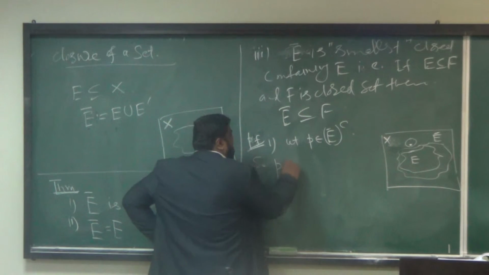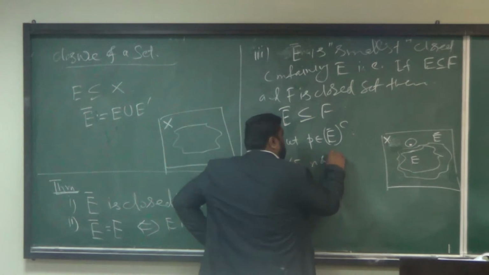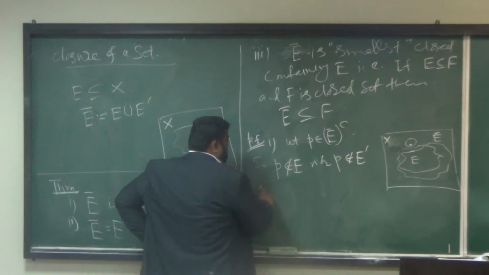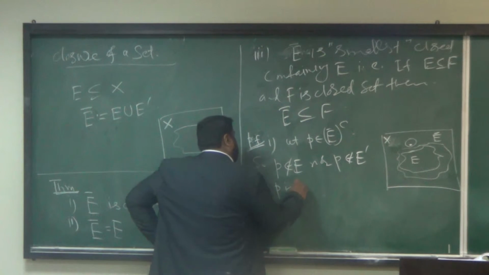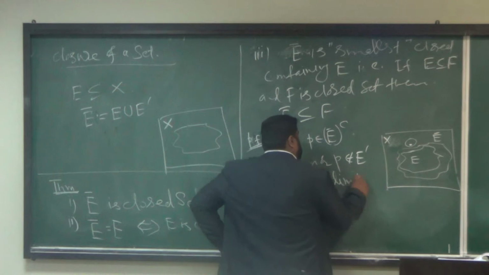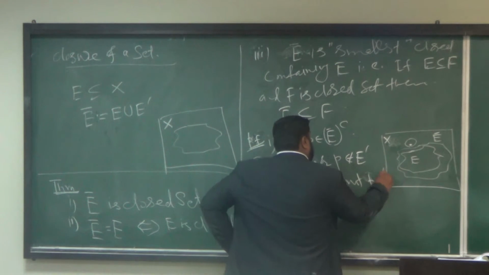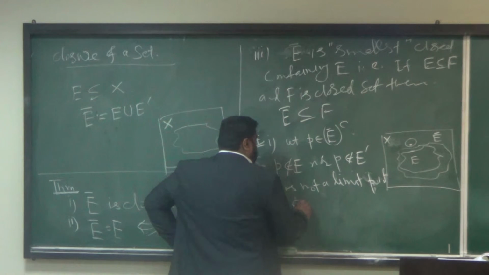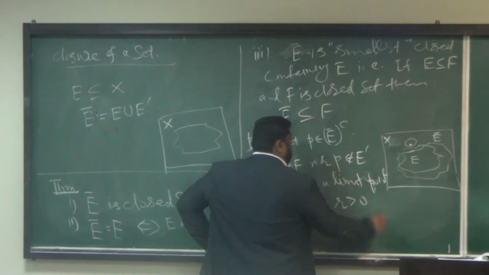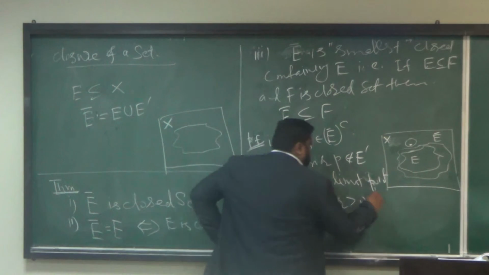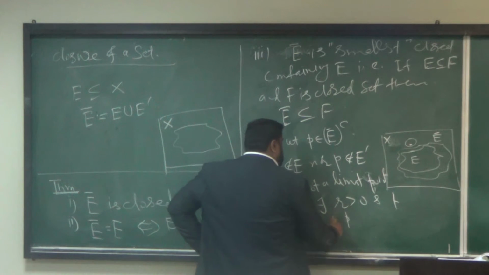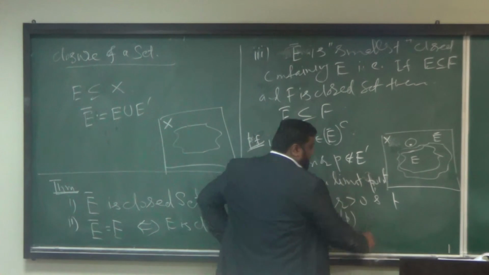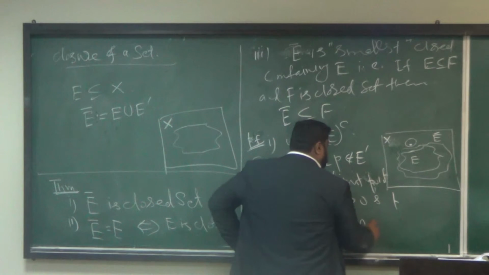So P is either in E or a limit point of E. If P is not a limit point of E, then we can find some positive radius such that if you draw a neighborhood of this radius on P, it is going to have an empty intersection with E.